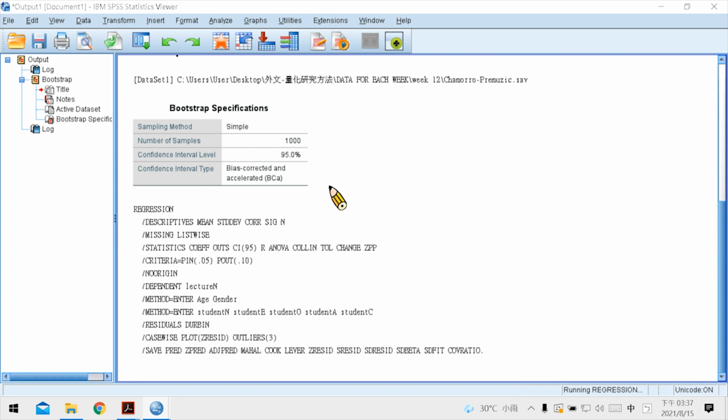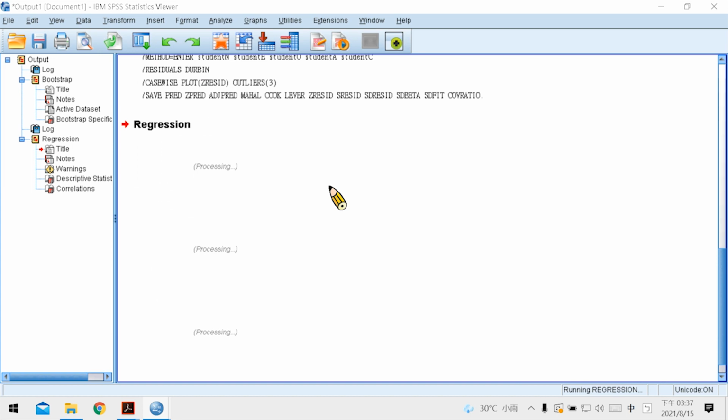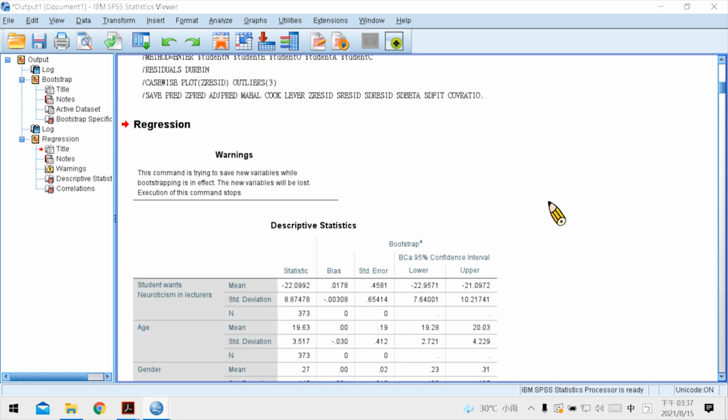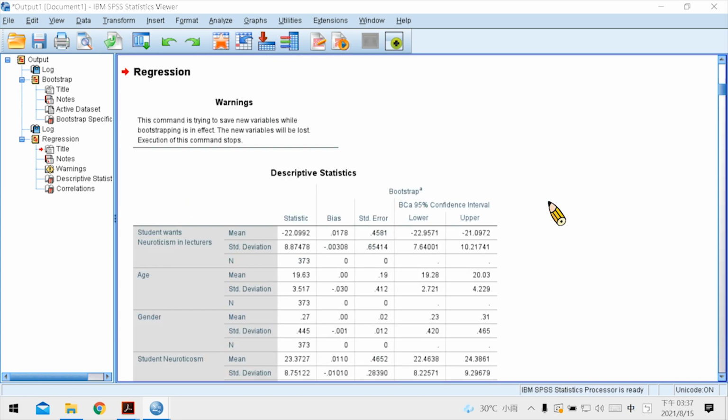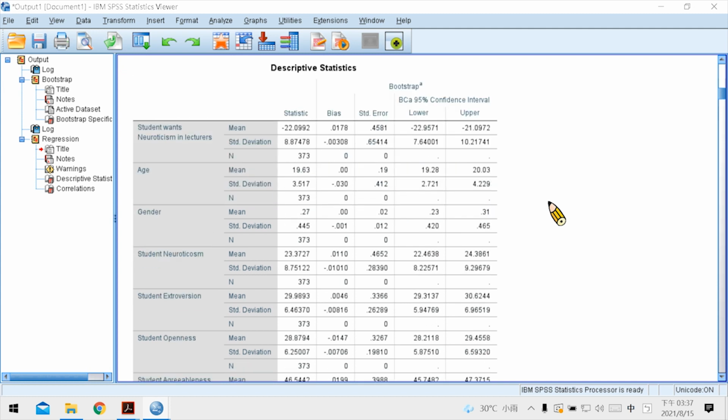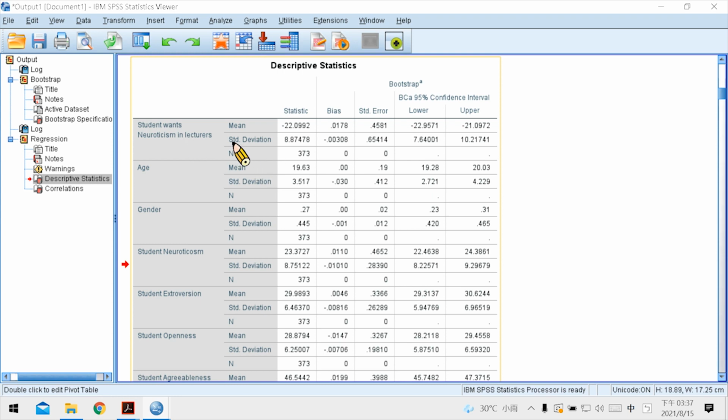So the system is running. Okay, so we can see the descriptive statistics, first table. So student want nutrition in lecture, this mean is negative.